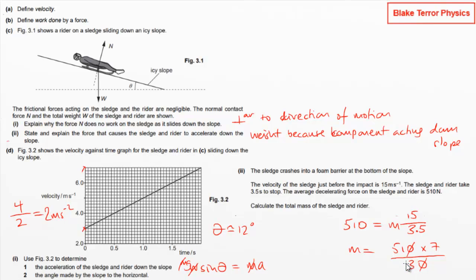So we need to do 7 times 17, which is going to be 70 plus 49, so 119. They've only given us 2 sig figs here, so 120 kilograms for 2 significant figures. And we didn't even need the calculator on that one.